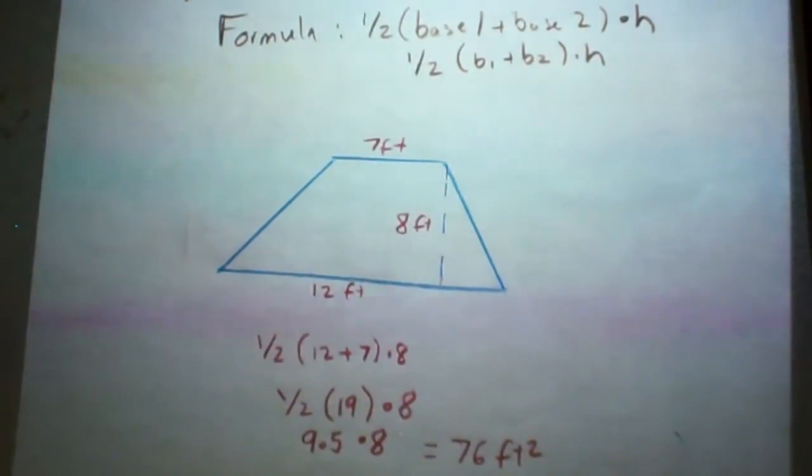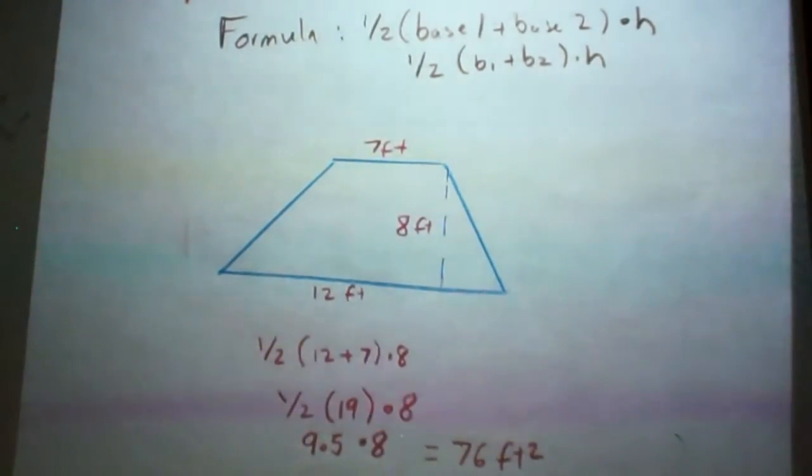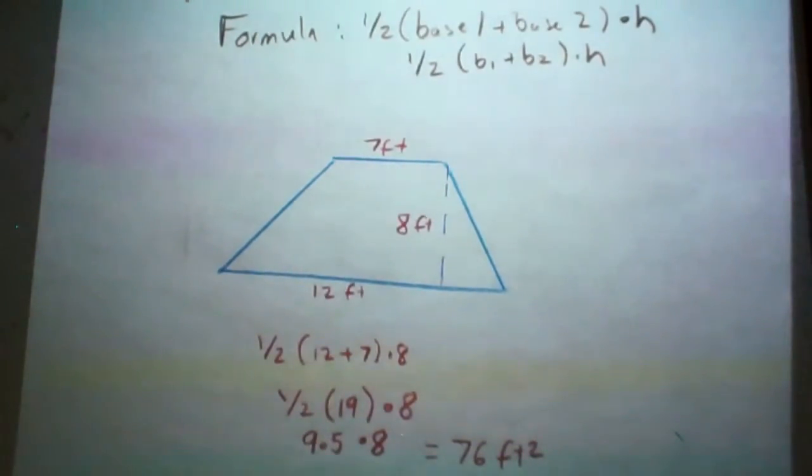Those are my 2 bases, so I add those together, and then I multiply that by half or divide that by 2. And I get 9.5, and then I multiply that by the length of the height, which is 8, and I get 76 feet squared as the measure of the area for this trapezoid.